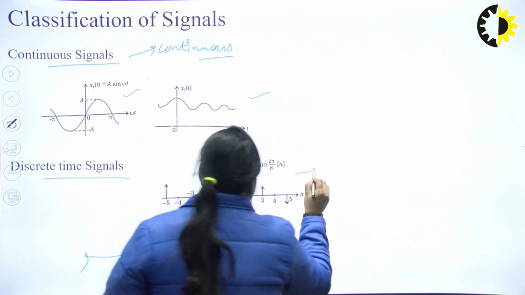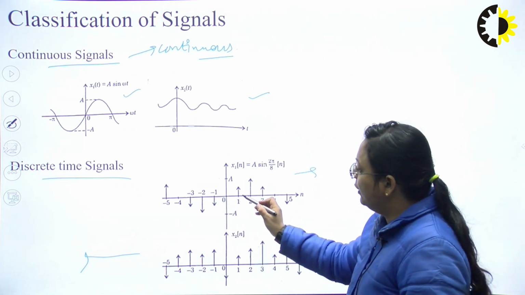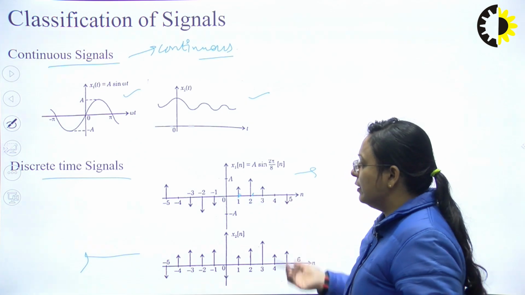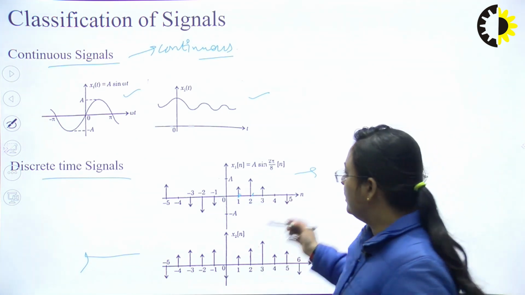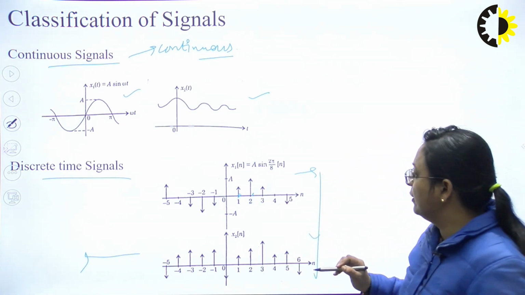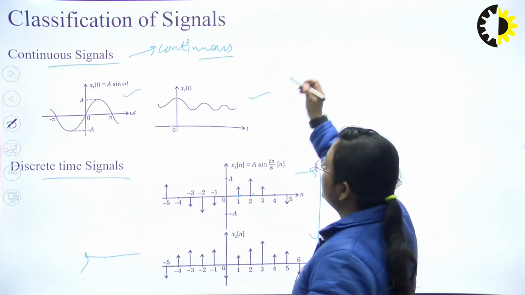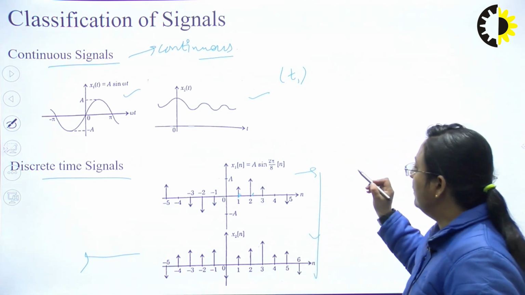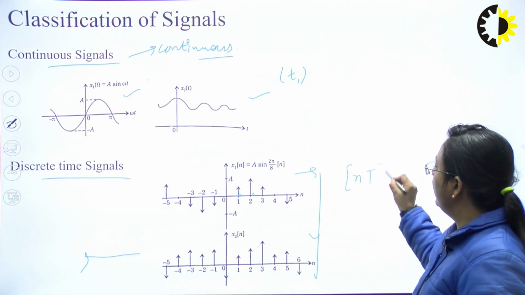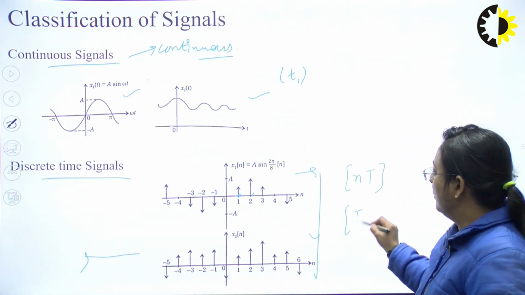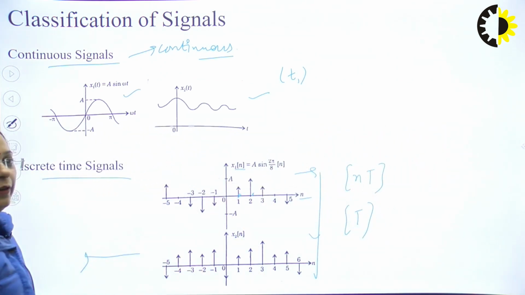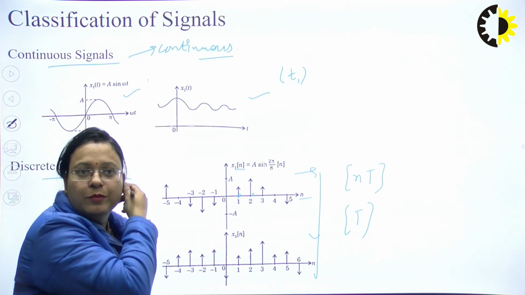You can see this example, the signal is defined only at 1, at 2, at 3. In between 1 and 2 the signal is not available. So these type of signals are called as the discrete signal, and these continuous time signals are represented by these parentheses with the t inside it, and this discrete signal is represented by this bracket, okay, by n or nT like this. Okay, this is another difference between the continuous and the discrete time signal.